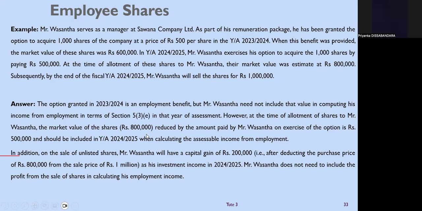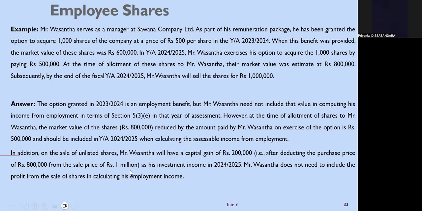That is the share option. So the difference between 800,000 and 500,000 is the benefit of the employment income. In addition to that, he sold his shares for 1 million.